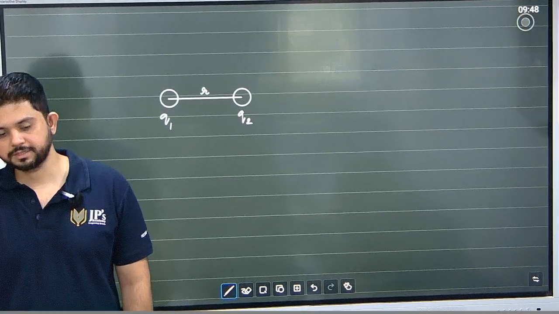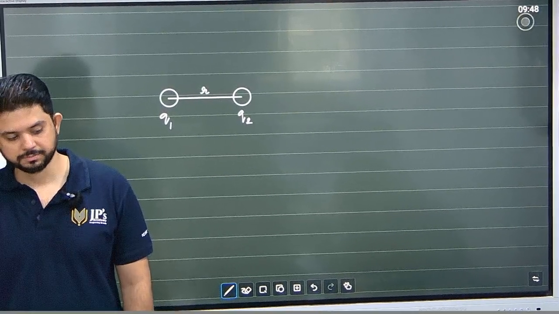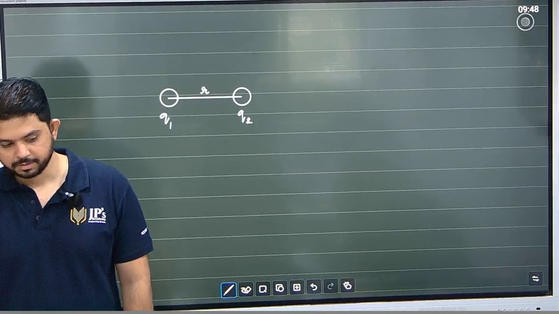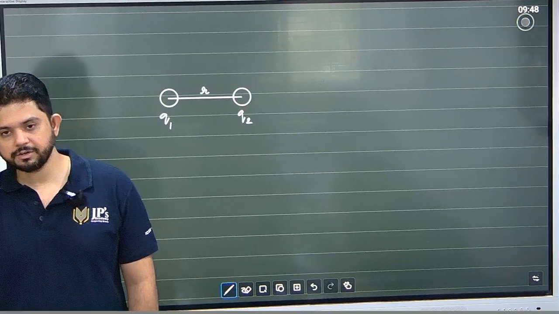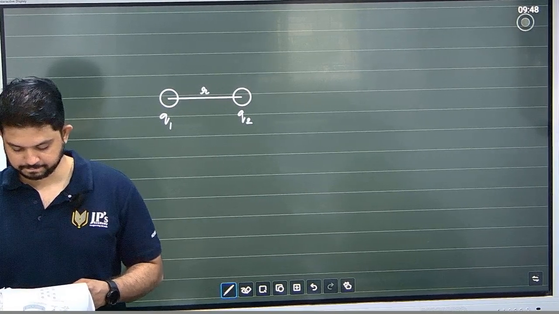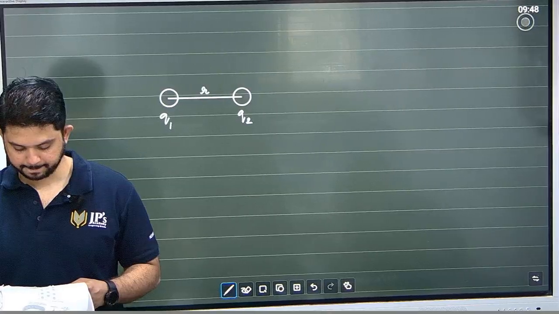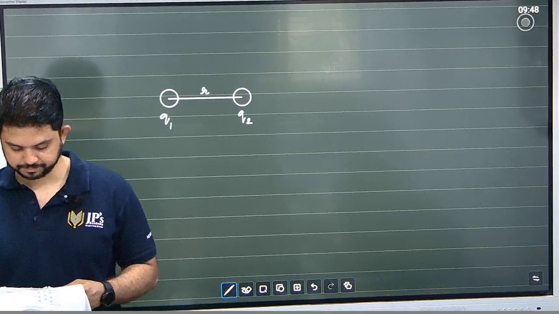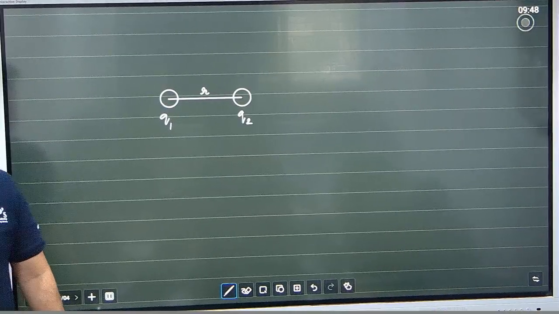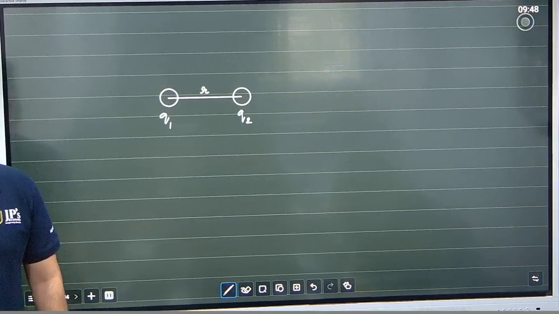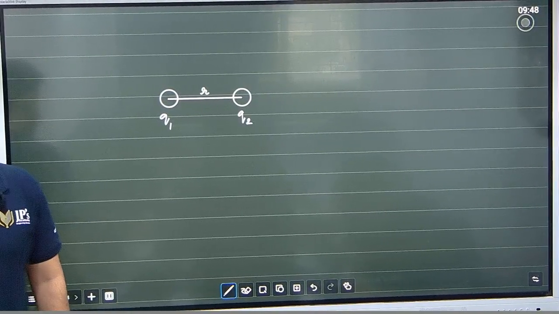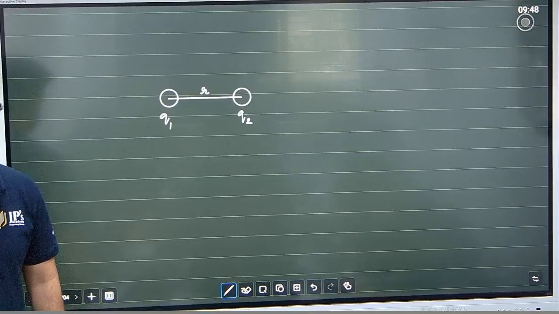But it is concentrated in a very tiny space. Rutherford named it as nucleus.